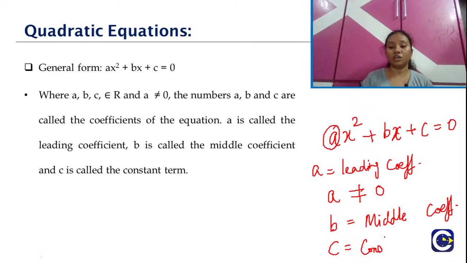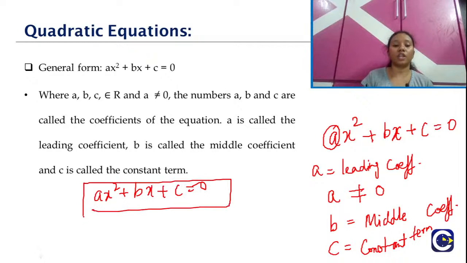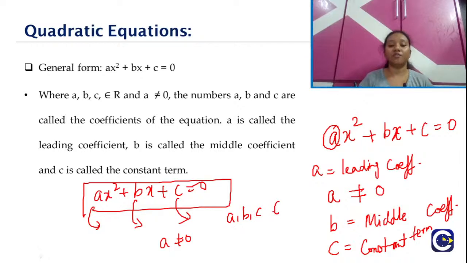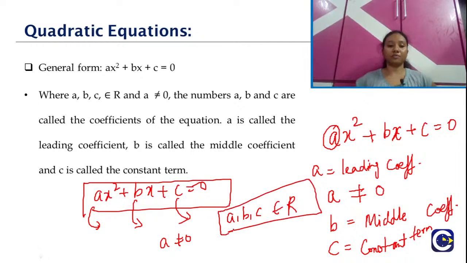So for any general quadratic equation ax square plus bx plus c, a is the leading coefficient, b is the middle coefficient, and c is the constant term, and a cannot be equal to 0, as well as all these three, a, b, c, will always belong to the real numbers. These are the conditions you have to make sure of for any quadratic equation. So the general form we have considered here is ax square plus bx plus c equal to 0.